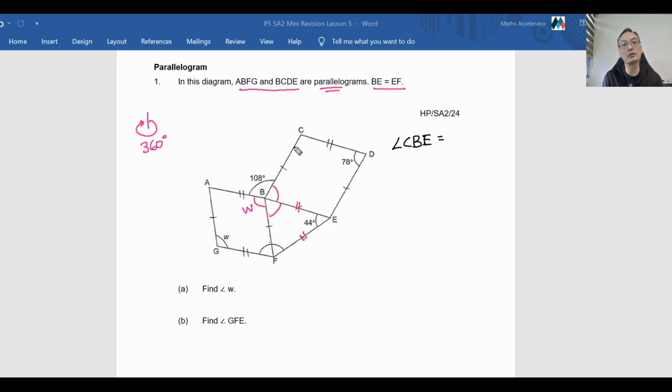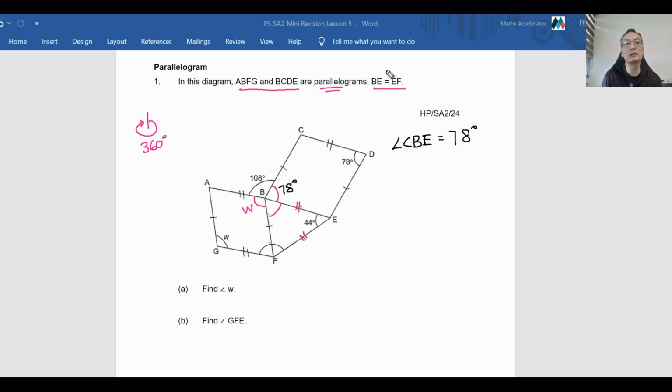Angle CBE is also inside another parallelogram, and we can make use of the property that opposite angles are equal. If this side is 78, here will also be 78 degrees because they are opposite angles in a parallelogram.